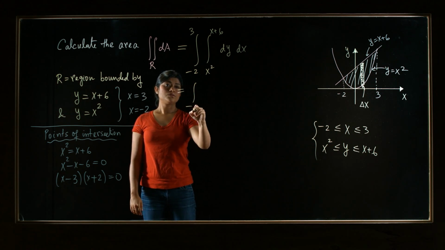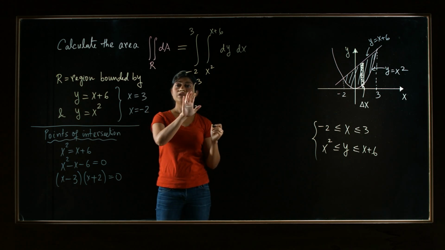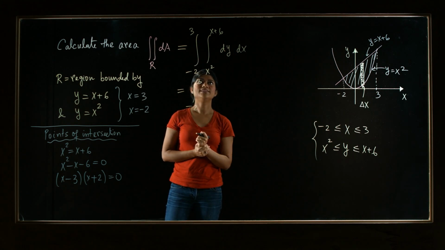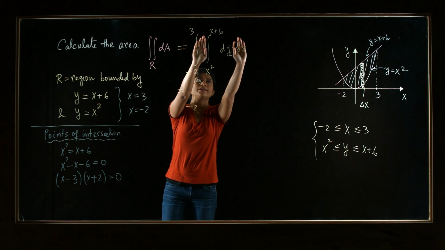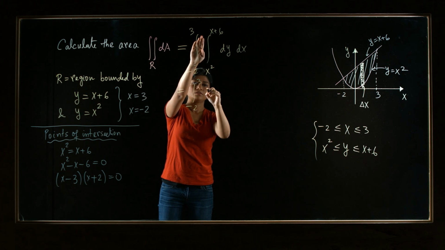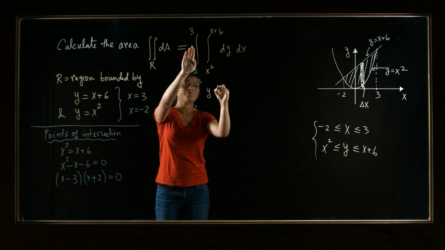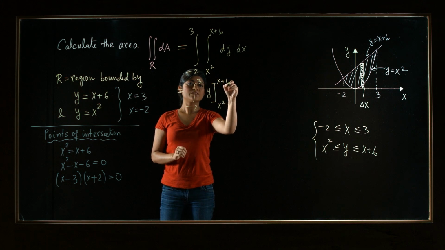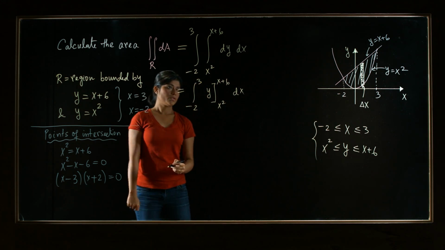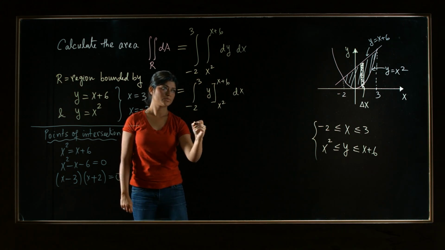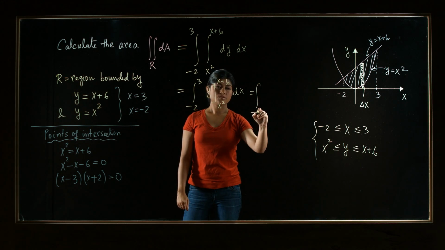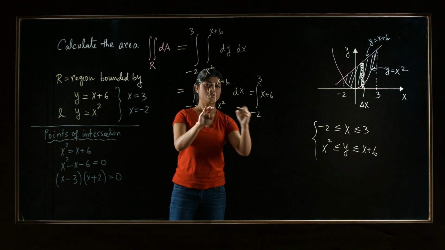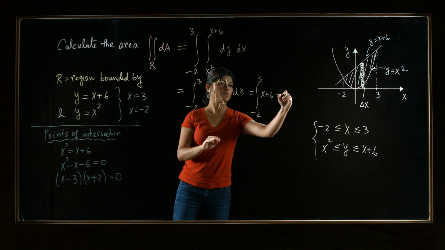Okay, so remember, to solve a double integral, you ignore the outer integral first, just evaluate the inside integral. And the inside integral is just dy, so the antiderivative is y, and then you have to evaluate between x squared and x plus 6. So it's negative 2 to 3, plug in x plus 6 for y, then subtract and plug in x squared.